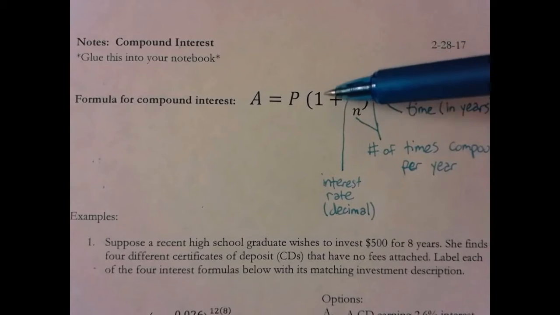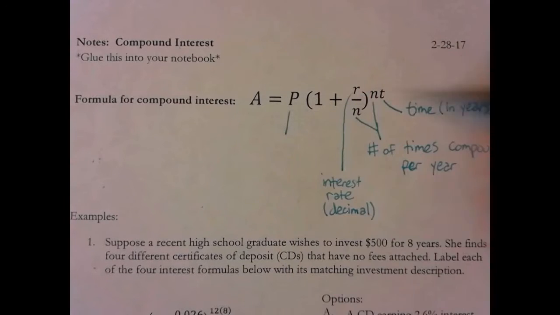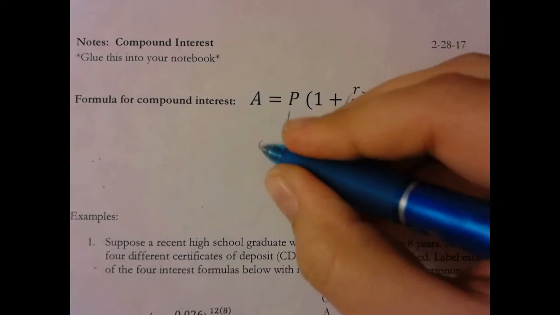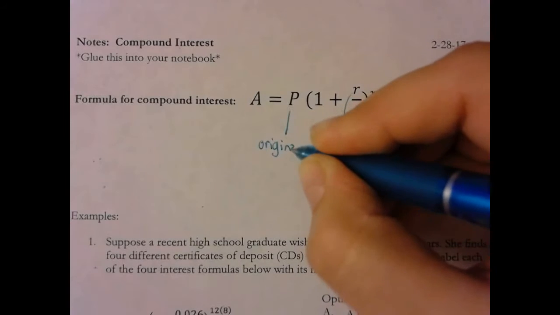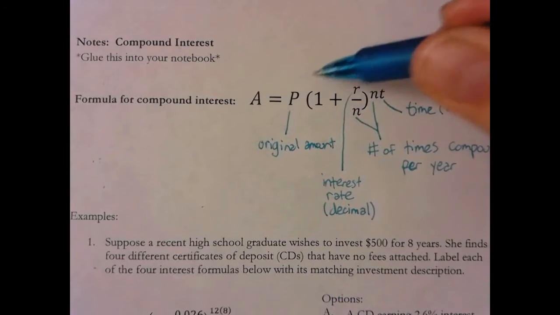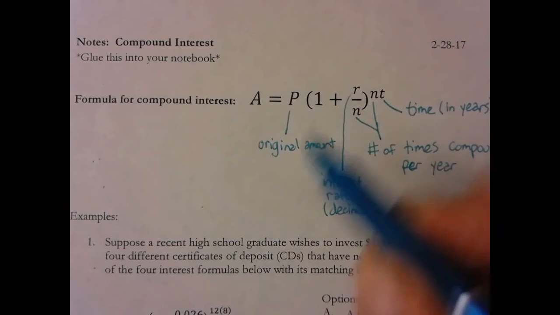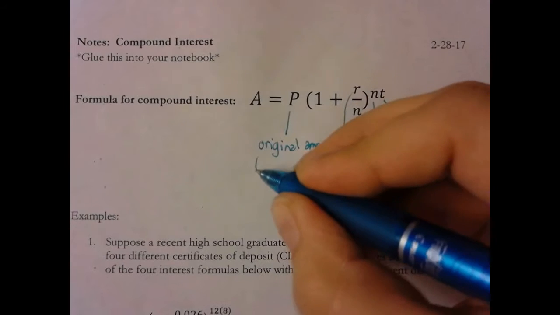All right, this is obviously the number 1. That should not be confusing. This P is the original amount. The reason we use P for that original amount is that if you go work for a bank, they're going to call that the principal.